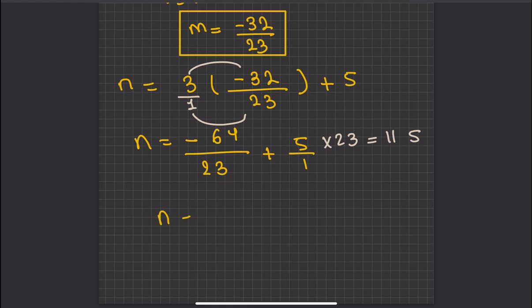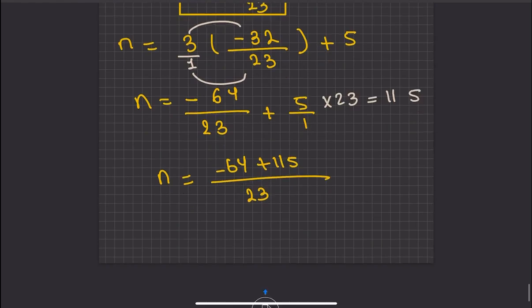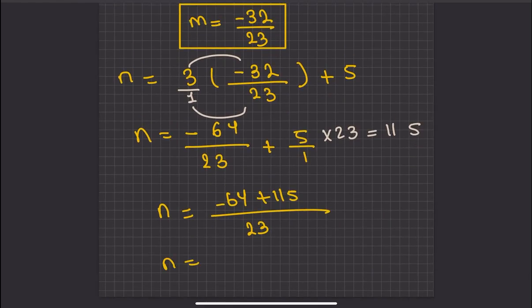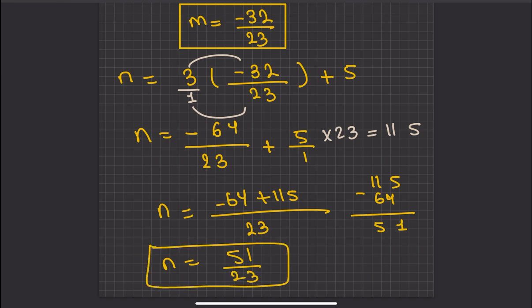It's going to be n equals, in the denominator 23, and in the numerator minus 96 plus 115, which is plus 19 divided by 23. And this is the answer for n. So we have n and we have m.